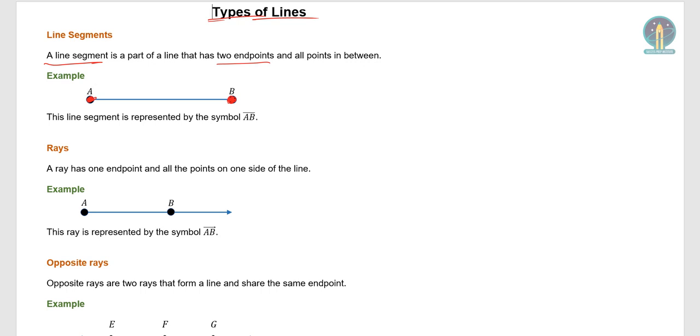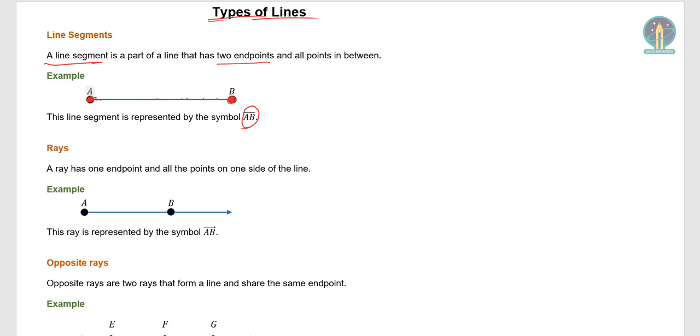This line has endpoints at point A and point B, represented by this symbol, AB, with just a line with no arrows on top of it. So this has infinitely many points between points A and B, but points A and B are where the line ends. The spatial extent of line AB is confined between points A and B.